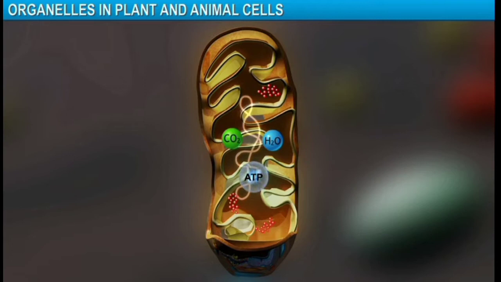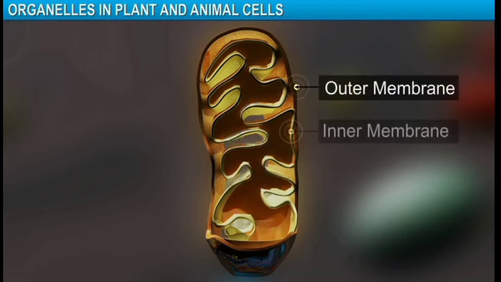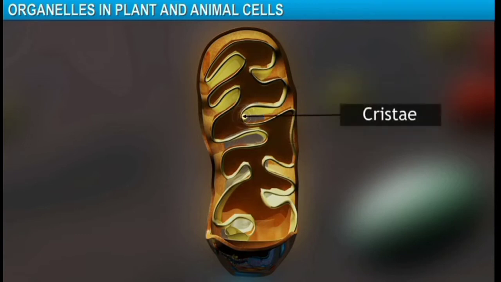This energy is used for chemical activities and mechanical work. Mitochondria have outer and inner membranes. The inner membrane folds into cristae, creating more area to make ATP.